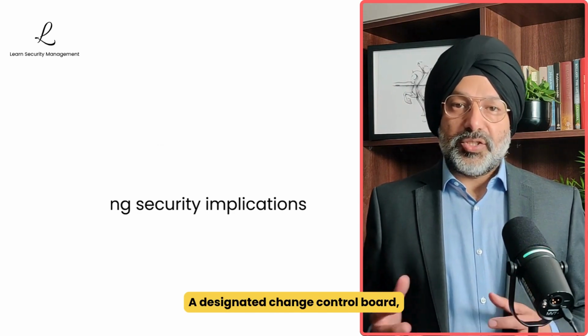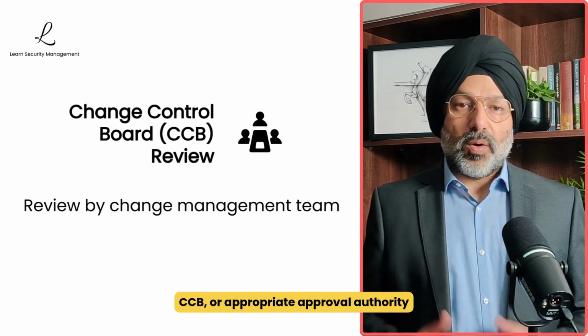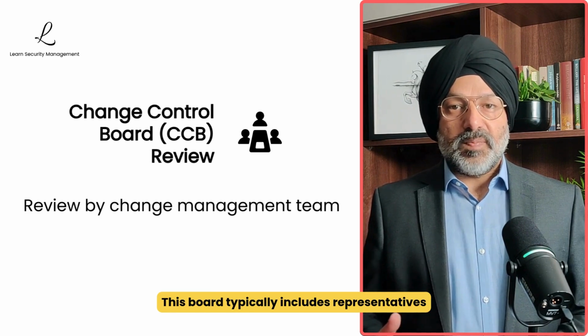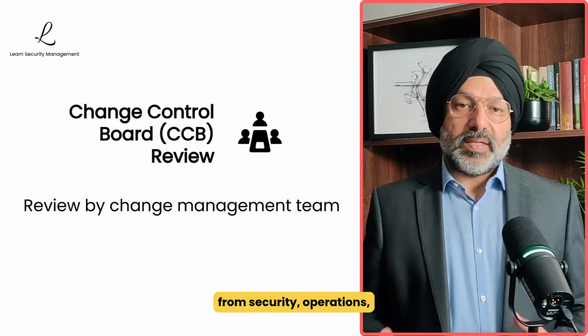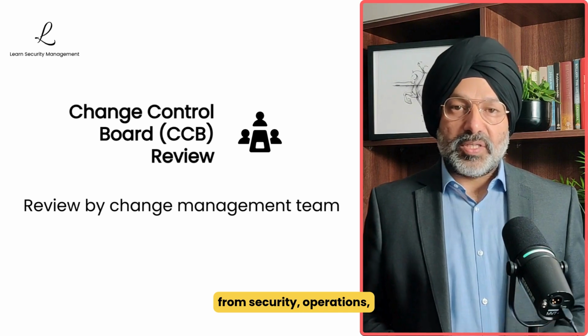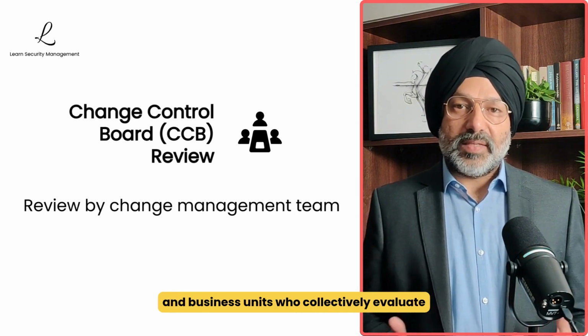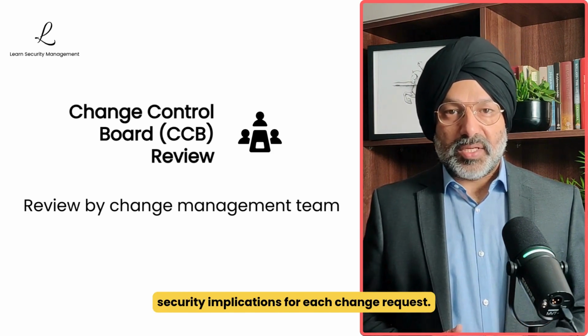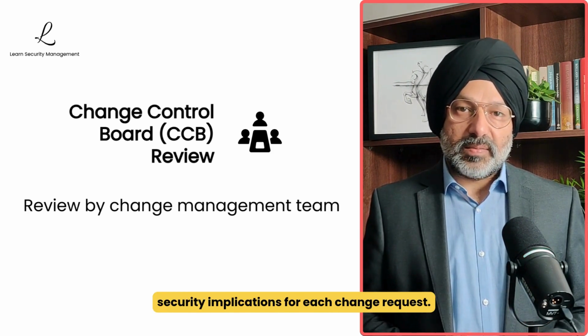A designated Change Control Board (CCB) or appropriate approval authority reviews significant changes. This board typically includes representatives from security, operations, and business units who collectively evaluate both operational necessity and security implications for each change request.